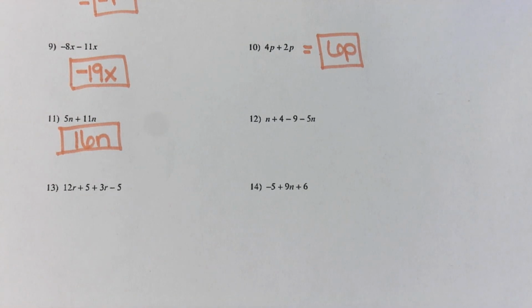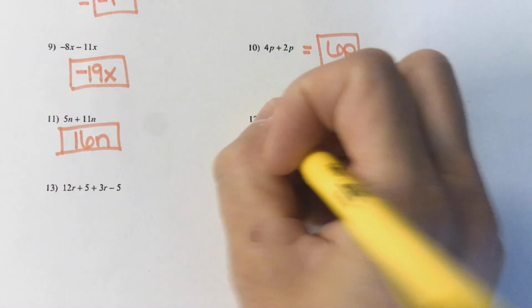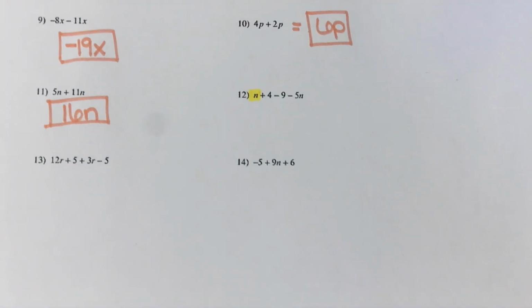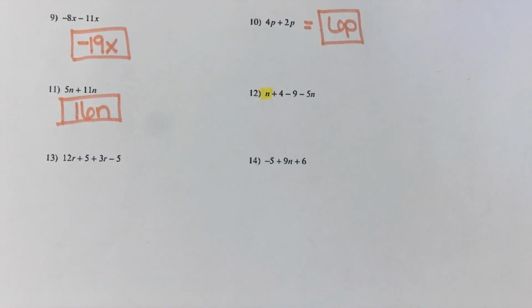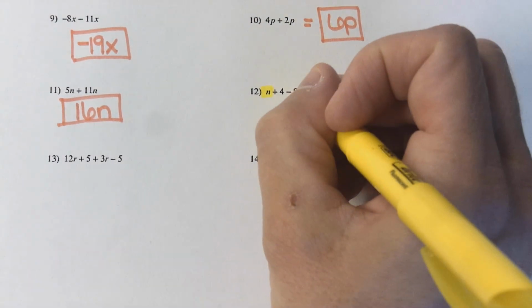Alright, Riley, now I'm to you. Look at number 12. I see an n. Does my n have a like term buddy? Maybe? Do you see another n in that math sentence? What else has an n? 5n. Yeah. So let's combine those together.